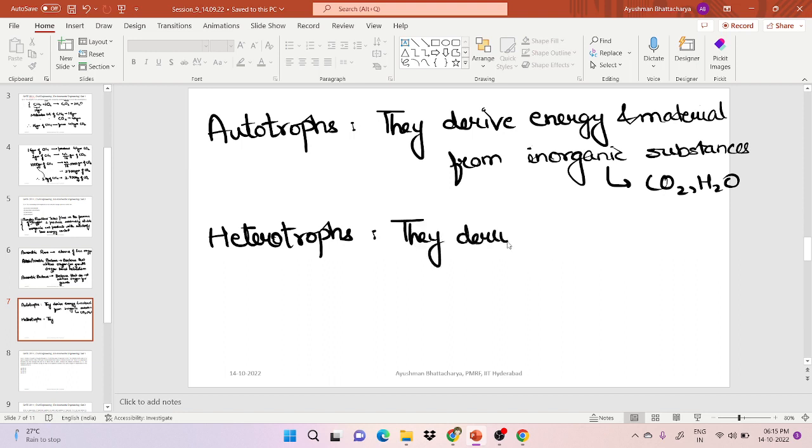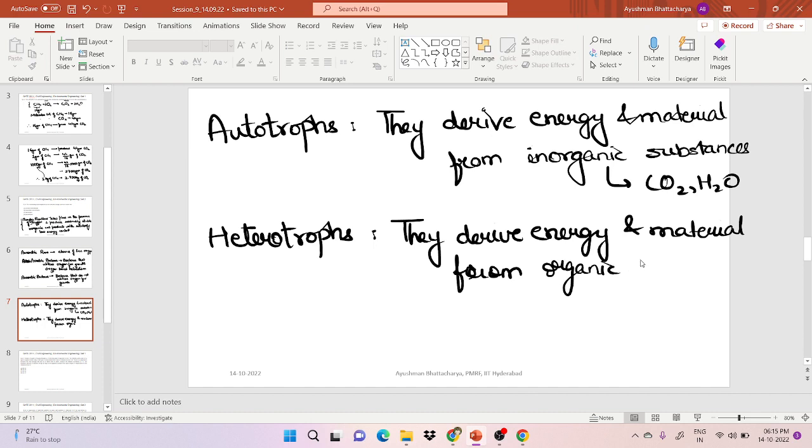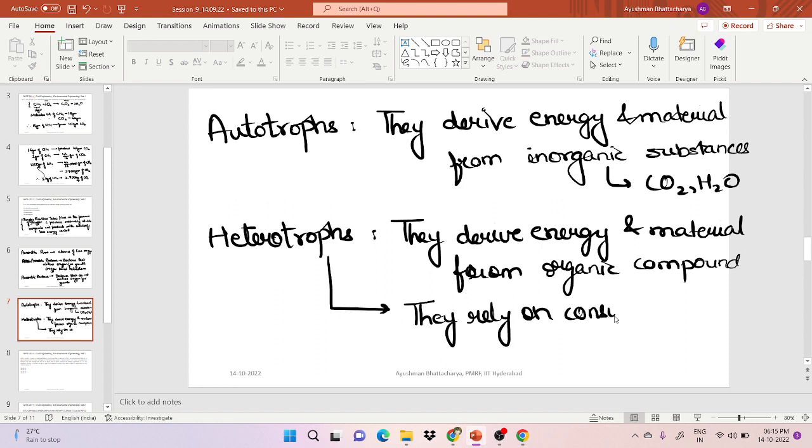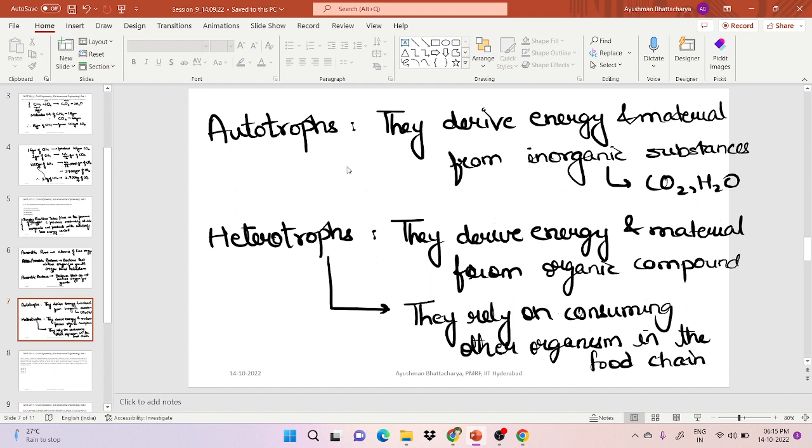So basically, these heterotrophs rely on consuming other organisms in the food chain. Okay, so this is autotroph and heterotroph.